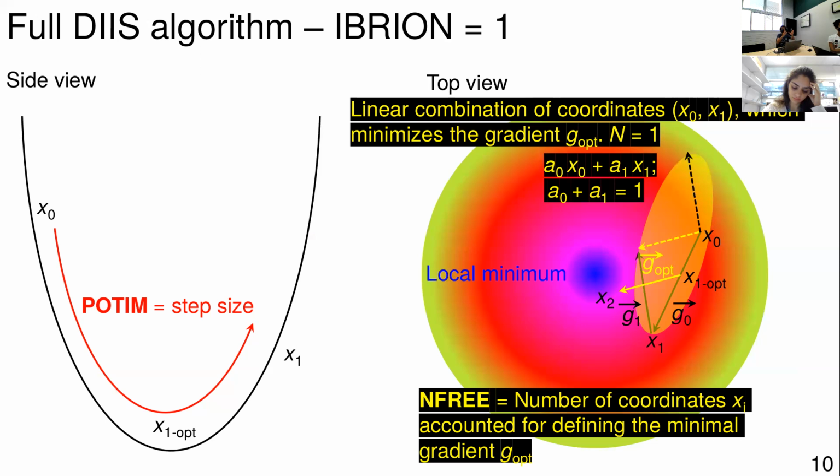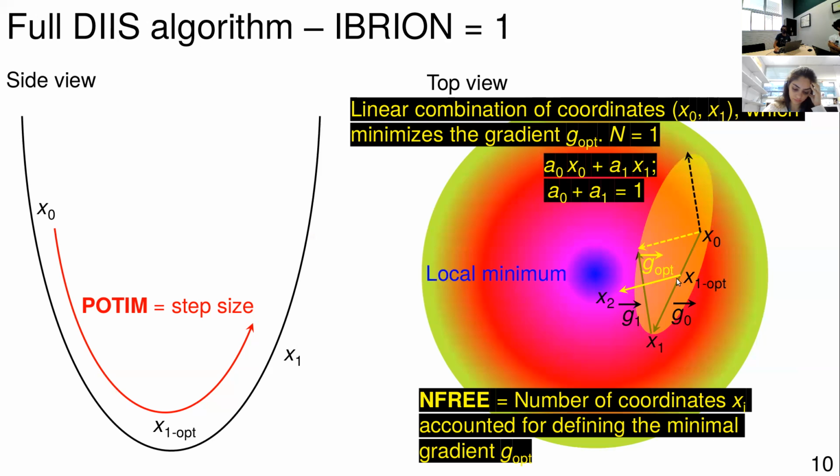But what is important here is that apart from the plotting, that is the step size, so basically this distance, you also take n3, because n3 is the number of previous coordinates that you are keeping in your algorithm in order to check, in the space of coordinates, what is the given coordinate, the given position, the given crystal structure that minimizes the local gradient. And then you go to the point and this is x1 optimum, okay?